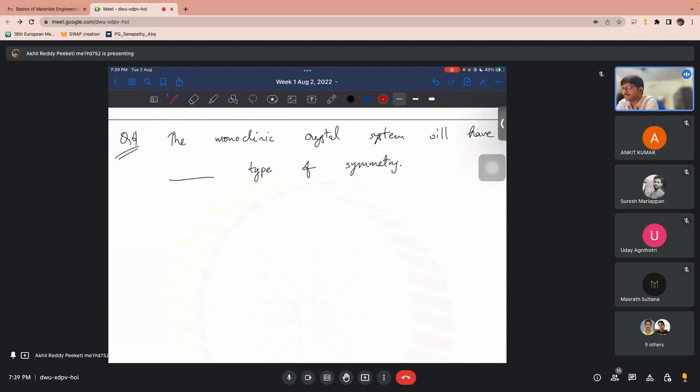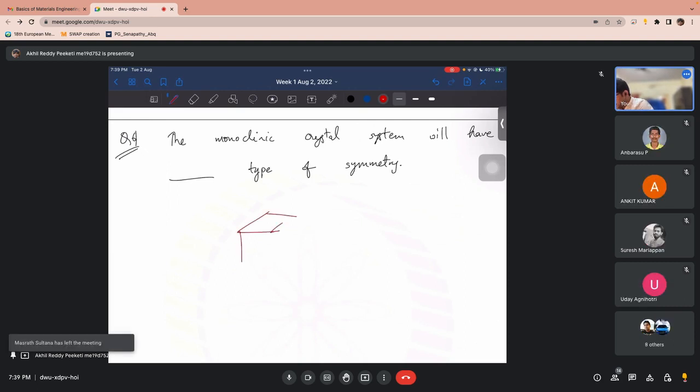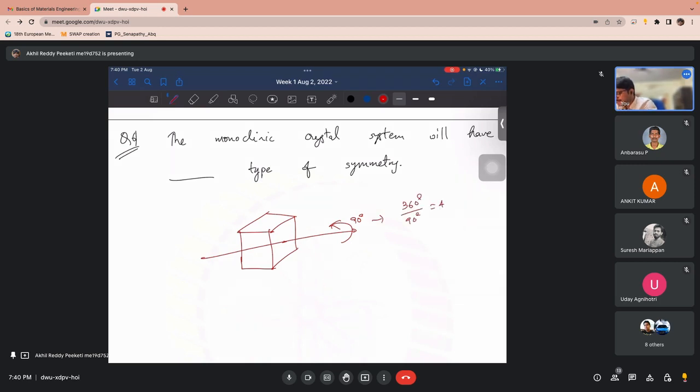2-fold, 3-fold, 4-fold. So when I say 4-fold symmetry, that means if you rotate about 90 degrees, if you get the exact similar shape as before, then 360 degrees by 90, which is 4, it's called fourfold symmetry.